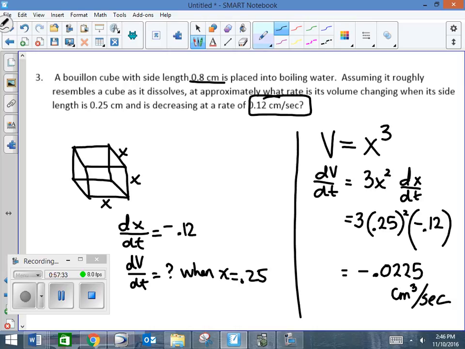They would accept either way, but I would just say it's decreasing at a rate of. If you say the word decreasing, you probably wouldn't use the negative. Good question.